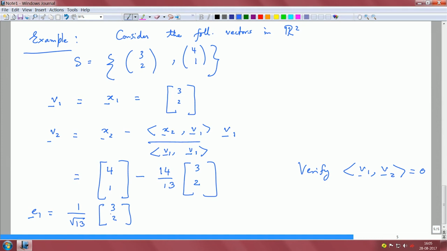So, 3 square is 9, 2 square is 4, 9 plus 4 is 13, and that is where you have this root 13 factor, and E2 is similarly 1 upon the norm of this vector, which is (10 upon 13, minus 15 upon 13). You just have to take the sum of the squares of these two components.